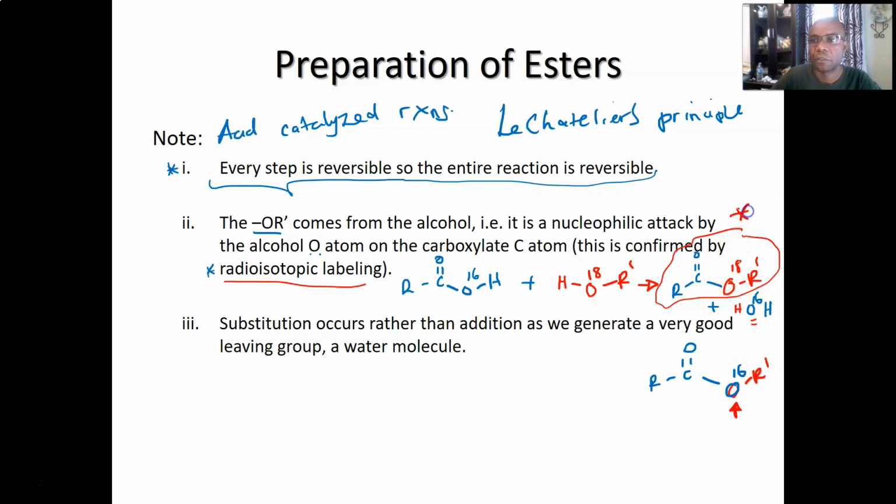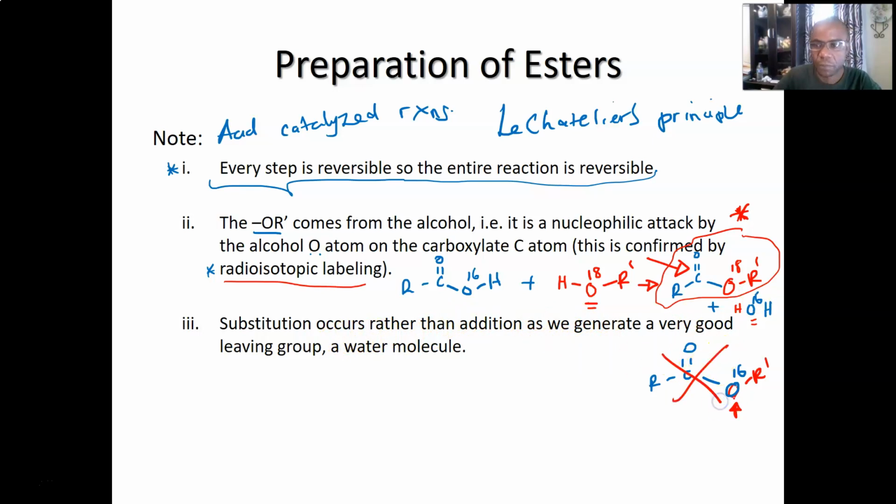So there's an instrument called mass spec that they used, and they found that actually the product in this experiment had 2 more mass units, and that meant that it's the oxygen of the alcohol that stayed, the oxygen of the carboxylic acid left. That's radioisotopic labeling. I'm just giving you an overview of how that worked to know which oxygen stayed, which oxygen left. Just using isotopes of oxygen, you'll know.